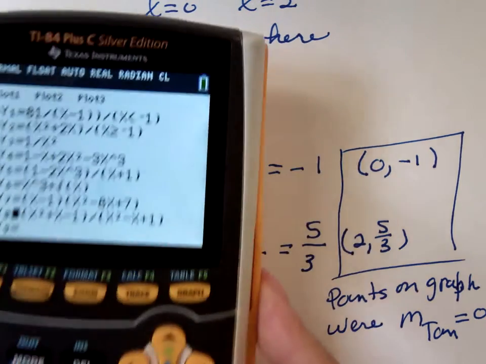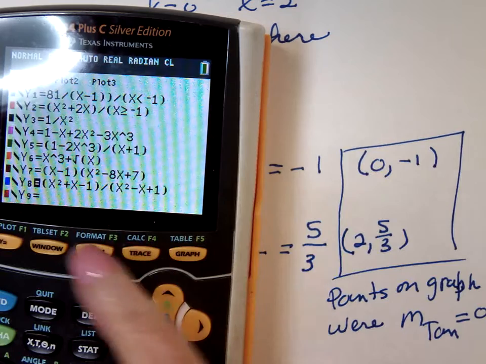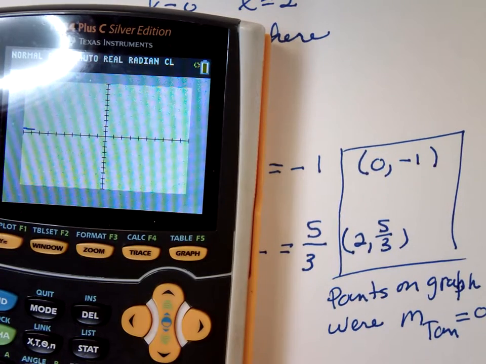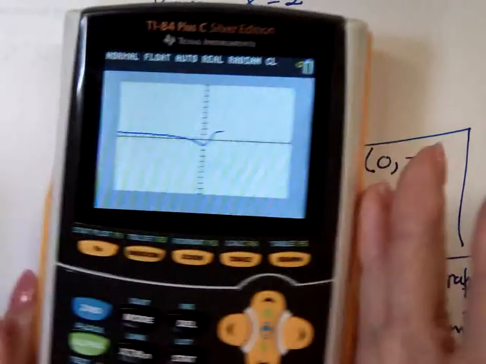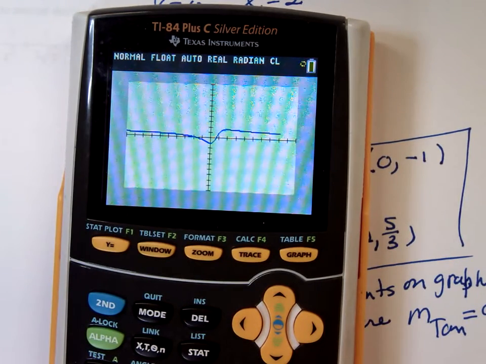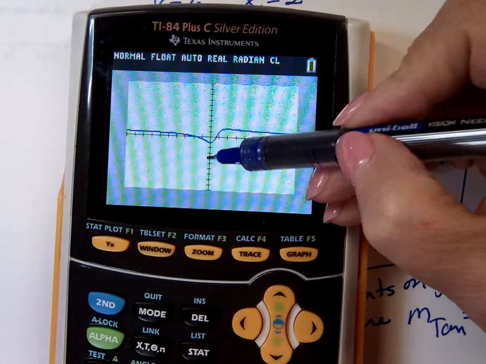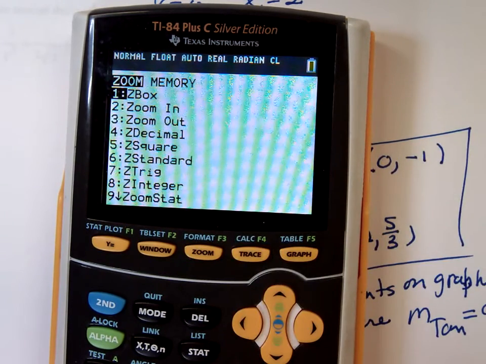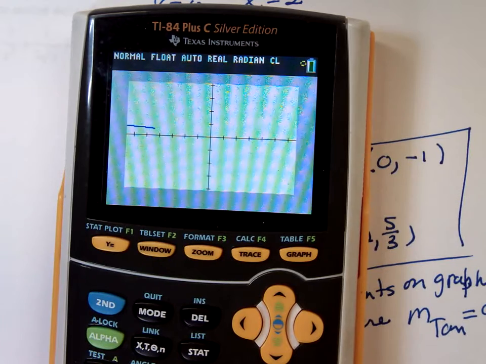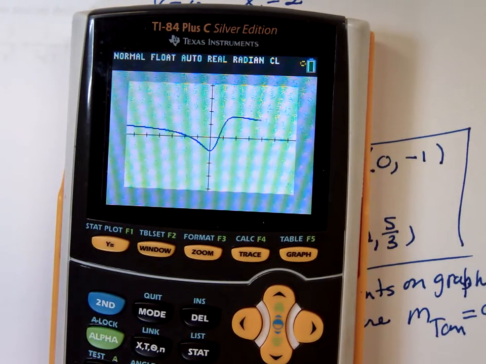If I take a look at the graph, and I'm going to do a zoom standard again, so there it is, there's 0 and 1. Let me bring this in a little bit closer. Let me do a zoom decimal. There's the first one. That's 0, negative 1.